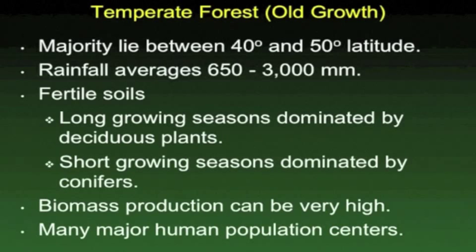Looking at the temperate forest, and this is the old growth forest, the original forests in our area, we see that there is a high amount of rainfall in these areas. The soil is very fertile, and the biomass is mainly contained in the trees, and a lot of people live in this area.